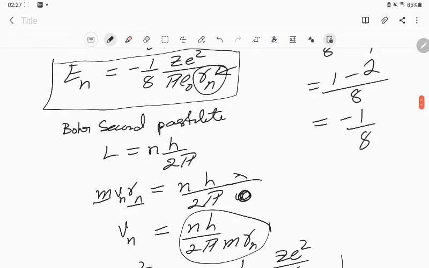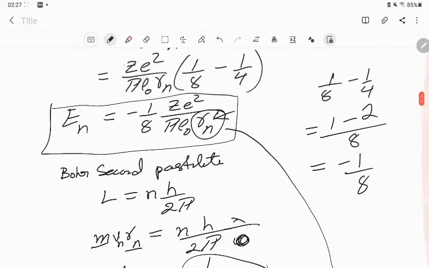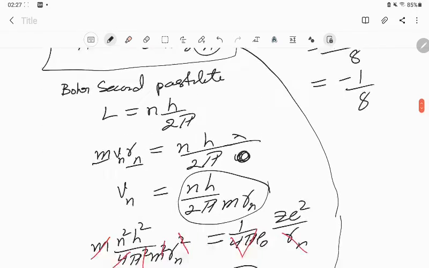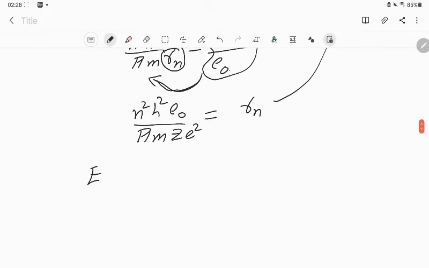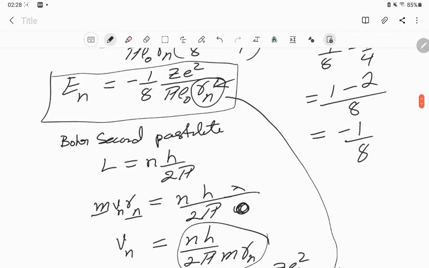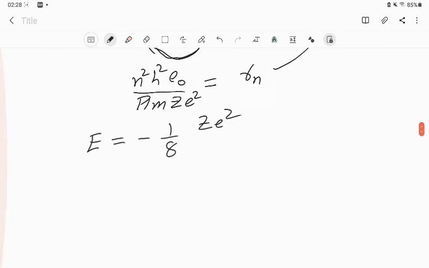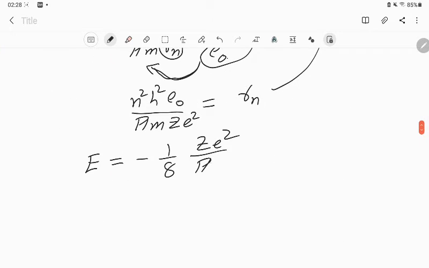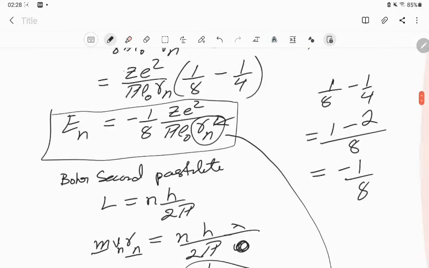So now put this r_n in the energy expression, here. So minus 1 by 8 Z e squared. Therefore E equals minus 1 by 8 pi epsilon naught Z e squared divided by r_n.